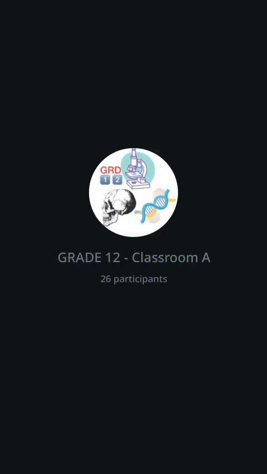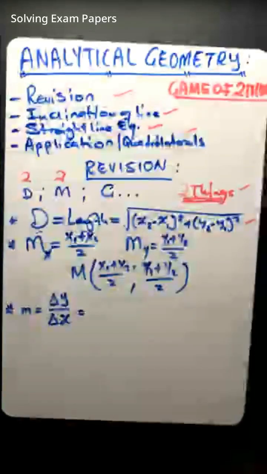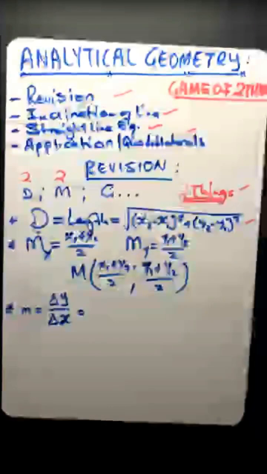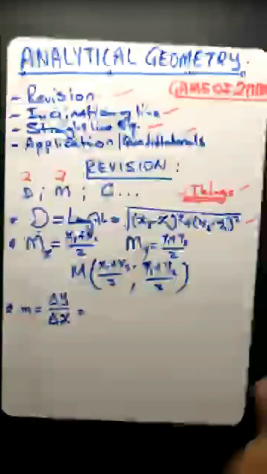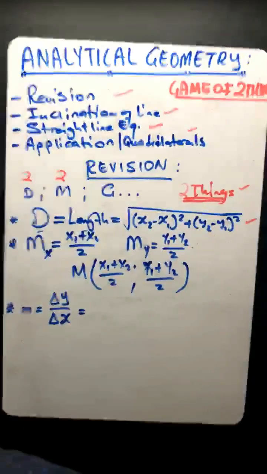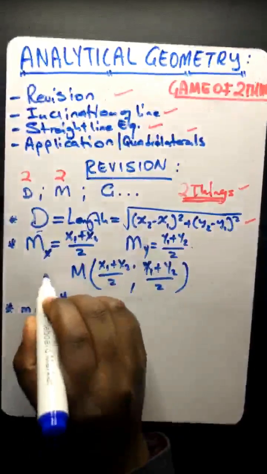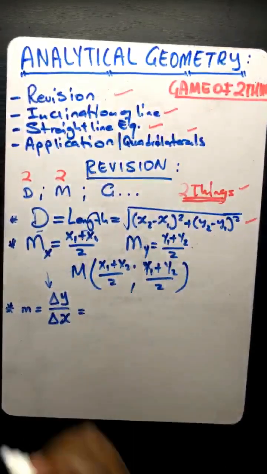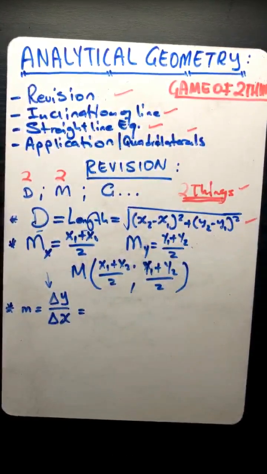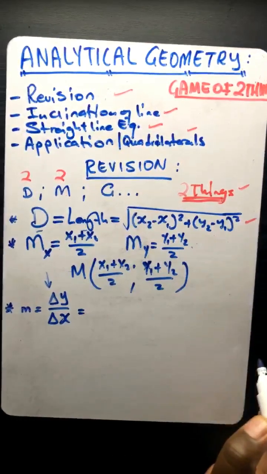Delta means change. Even when you get to varsity, for those of you who want to study engineering, just like myself who studied civil engineering at UJ, you will come across that sign called delta. And I'm telling you, if you don't understand it now, it's going to hurt you big time.